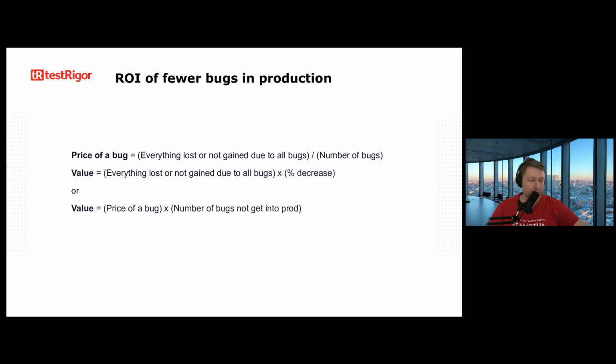However, if there are certain issues which prevented a deal from being closed, or the number of customers not being as high as expected, or some churn and so on, sometimes it is possible to associate it with bugs in general. So I would argue that just having the number of bugs leaked into production would probably be the right way to go, even though it might give you a slightly smaller number.